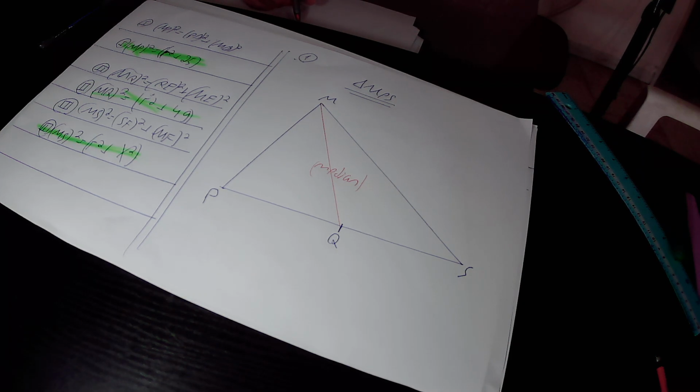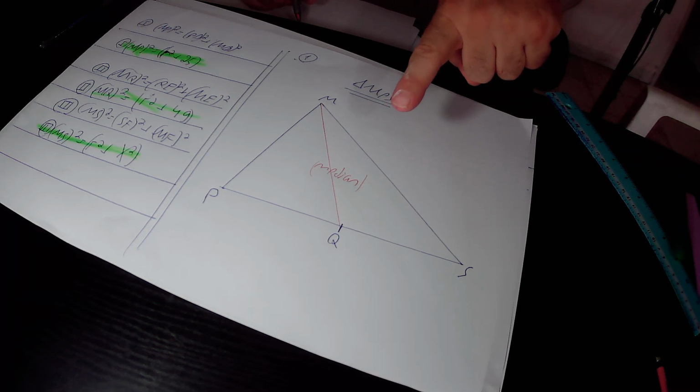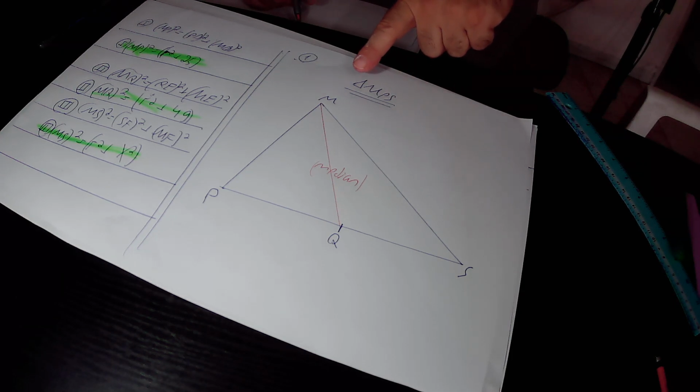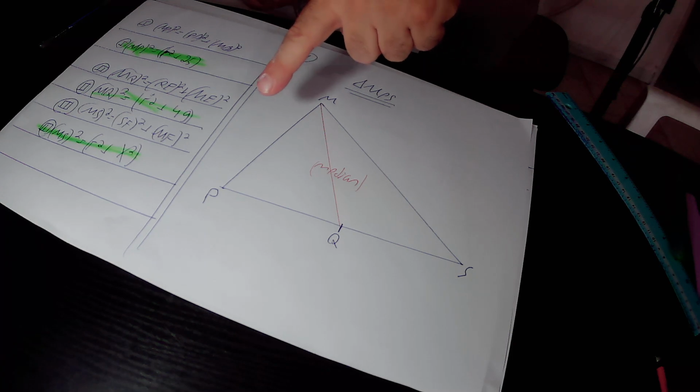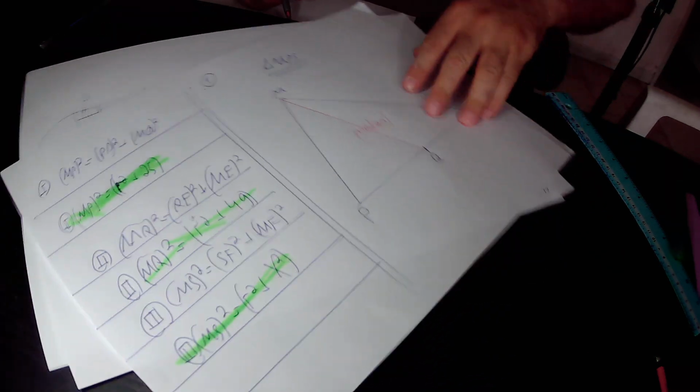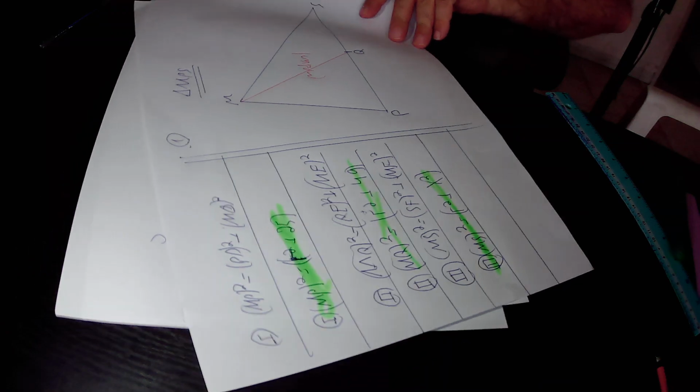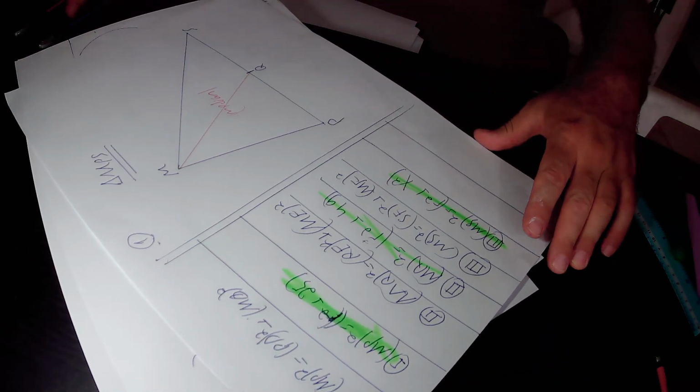Again, a median of a triangle is a line segment that connects the vertex to the midpoint of the opposite side. So the median MQ connects the vertex M to point Q, that is the midpoint of the opposite side PS. Why is point Q the midpoint of PS?